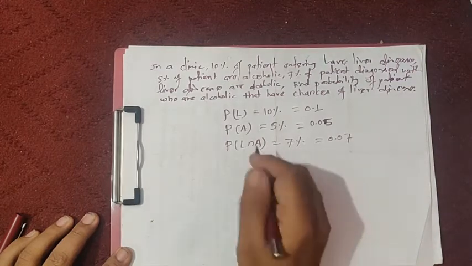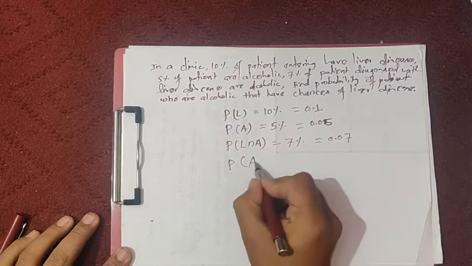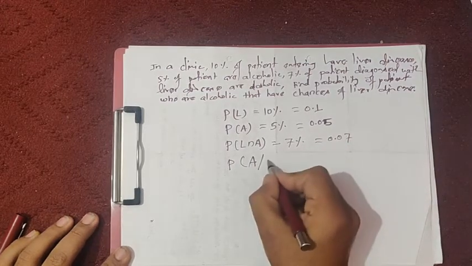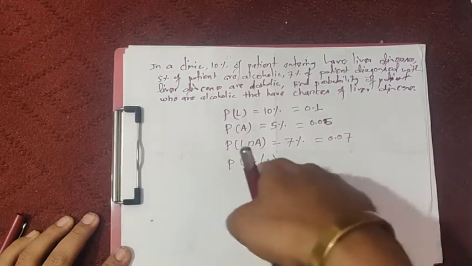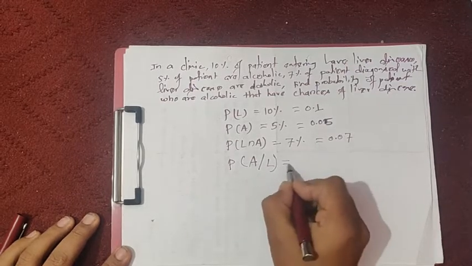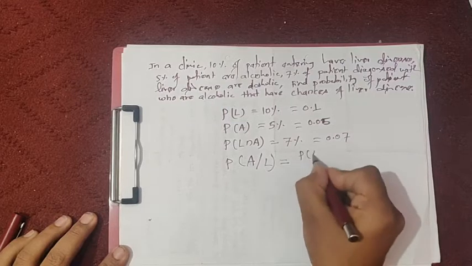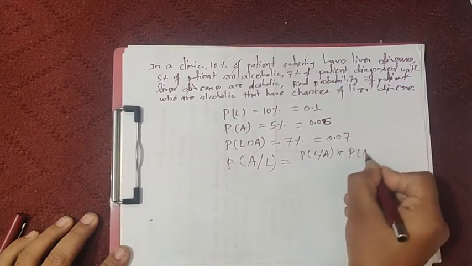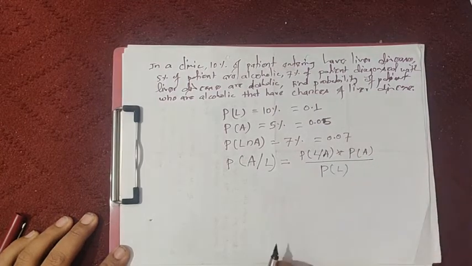So we have to calculate the probability of patients who are alcoholic that have a chance of liver disease. That means the probability of A given L. It is calculated by Bayes theorem: P(L|A) into P(A) divided by P(L).